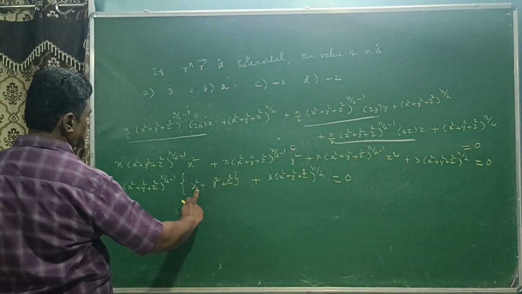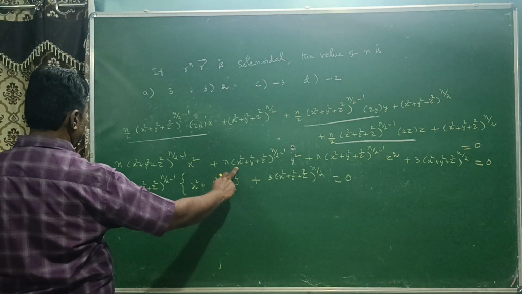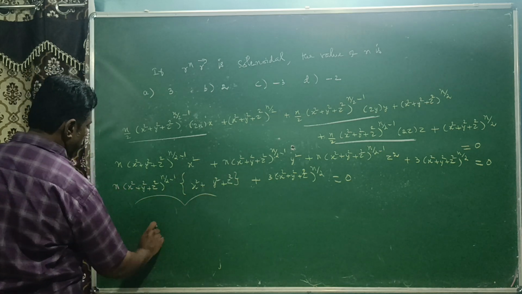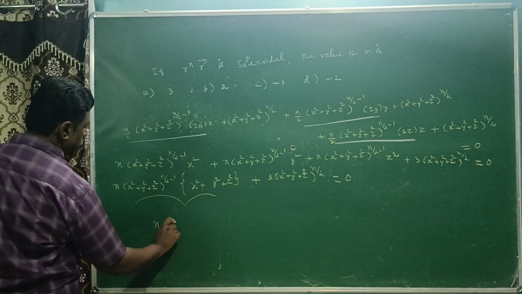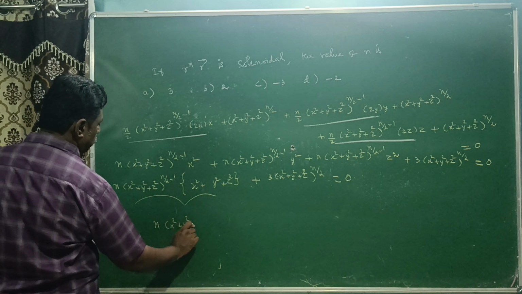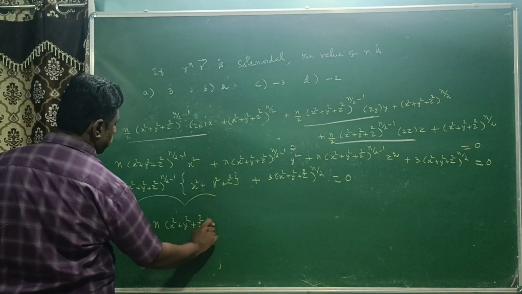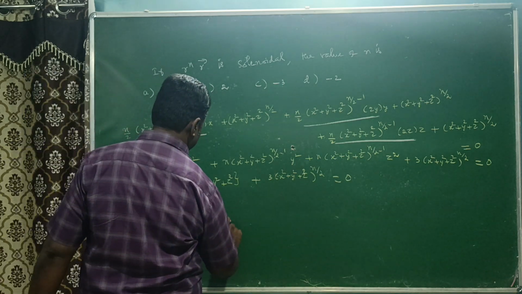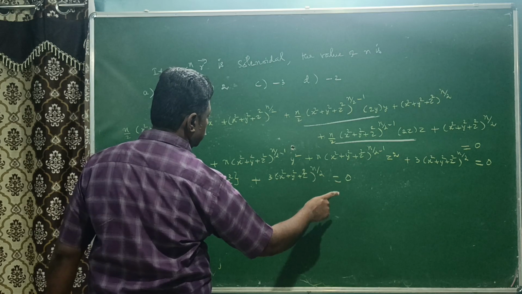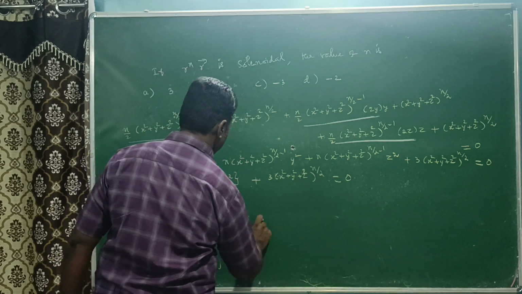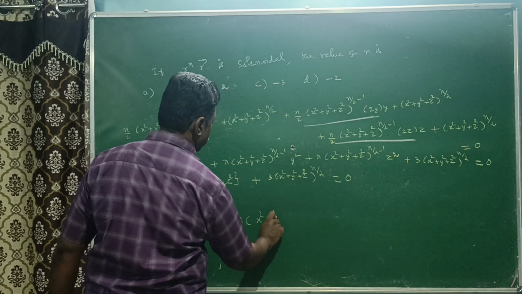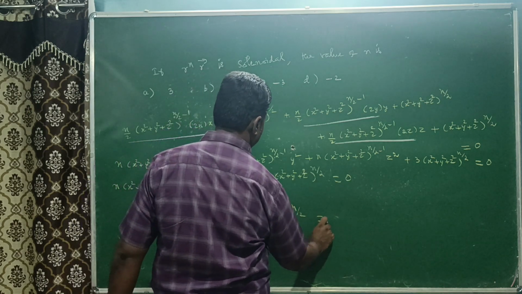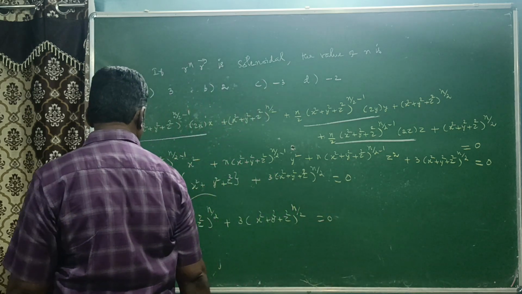This is actually (x² + y² + z²) power 1. So if we combine these two terms we get n into (x² + y² + z²)^(n/2) plus 3 times (x² + y² + z²)^(n/2), equal to 0.